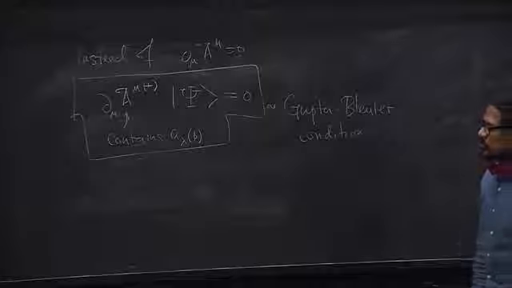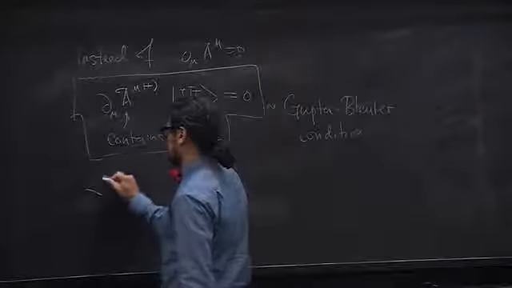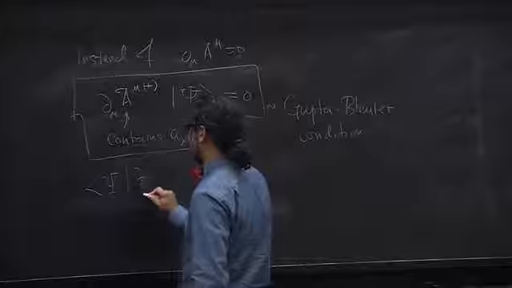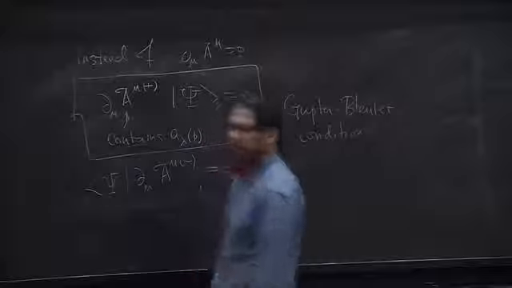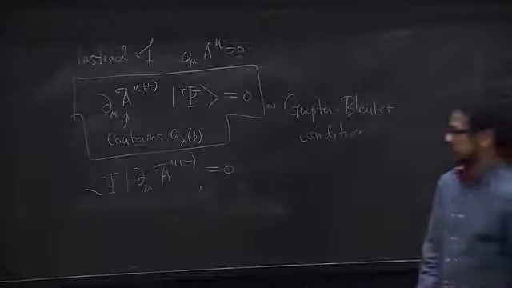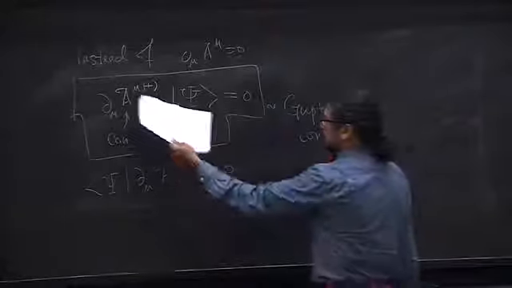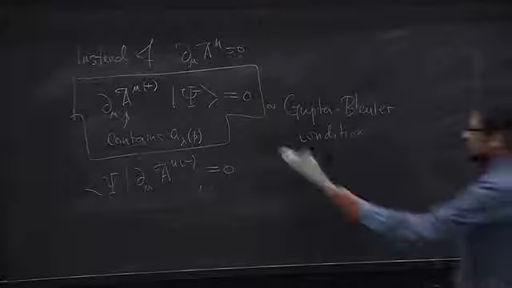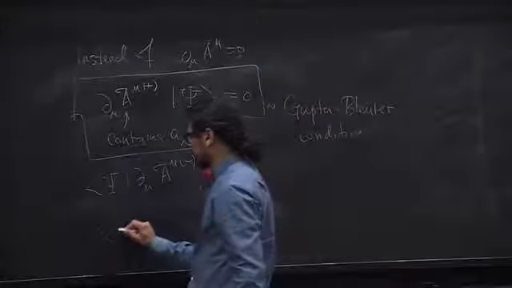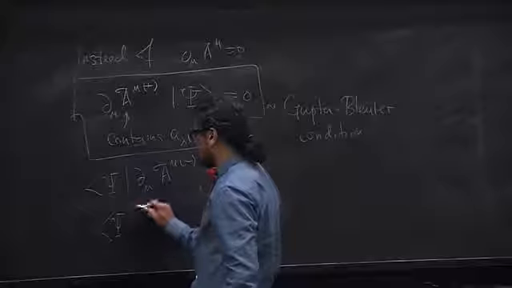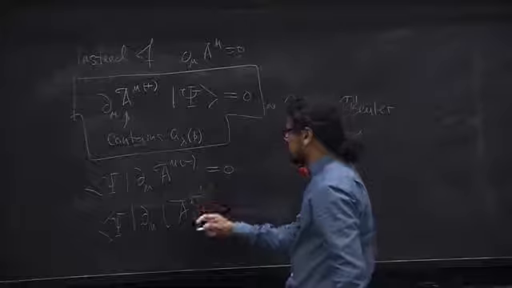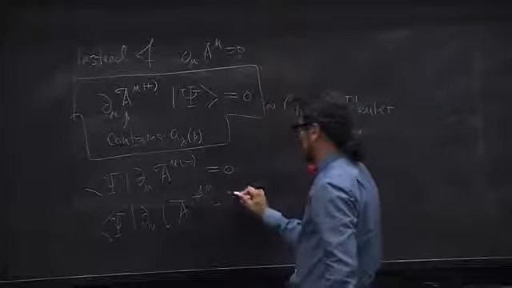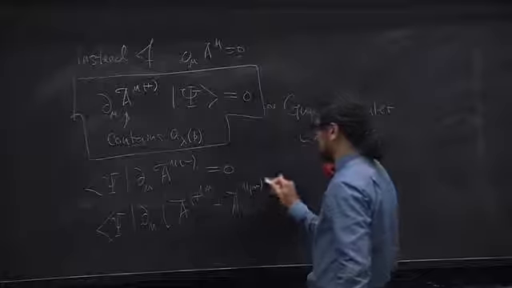If you take the Hermitian conjugate of this equation, you get this thing, right? Because A plus is the Hermitian conjugate of A minus. And then we can put these two together. Then we get the derivative of A mu plus, sorry, there's a mu upstairs, plus A mu minus.